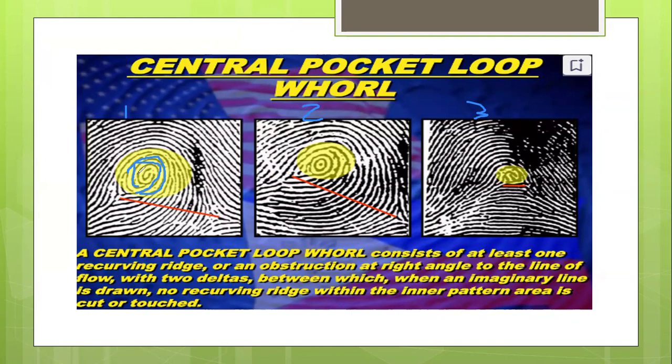Another qualification, aside from the circuiting ridge inside the pattern area: when an imaginary line is drawn, this is the left delta, and this is the right delta, what we call the RD. When we draw an imaginary line between the two deltas from left to right, it touches no recurving ridge.